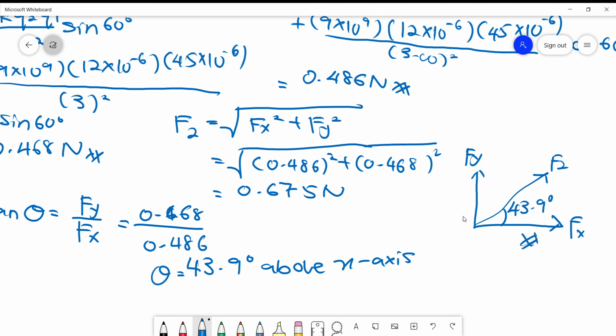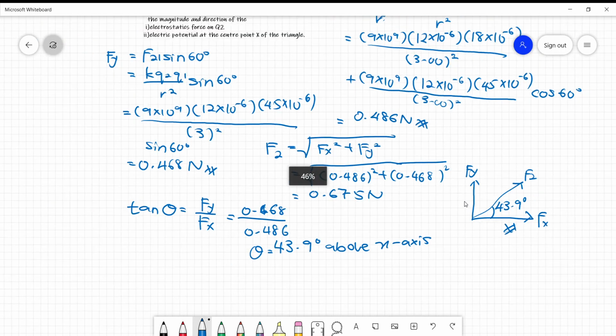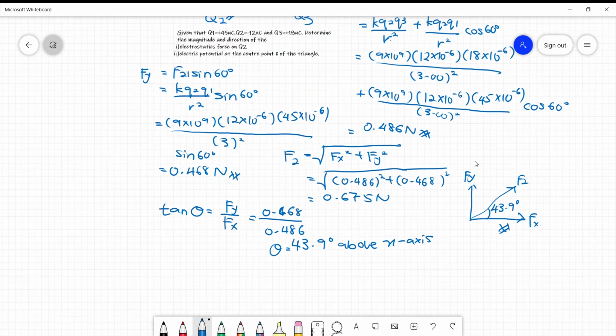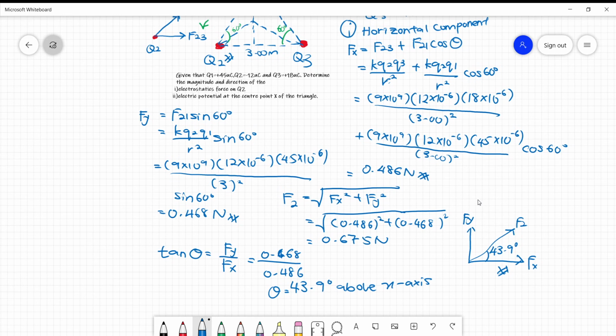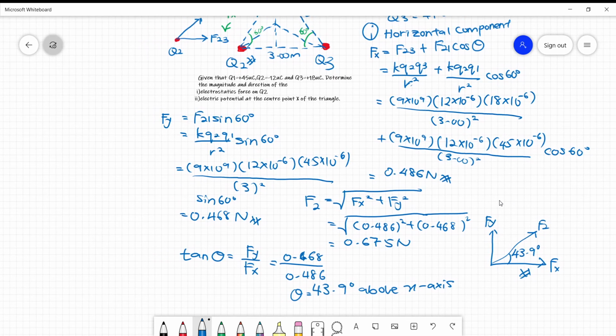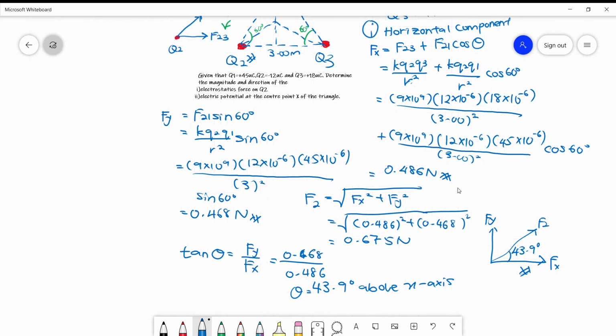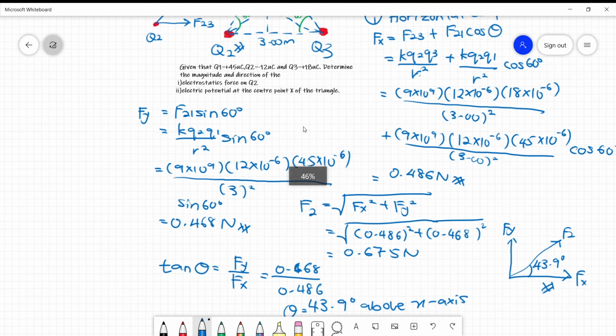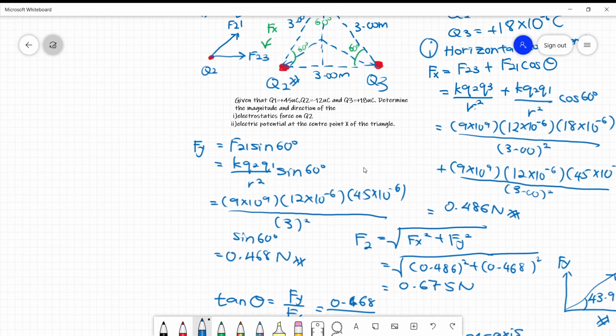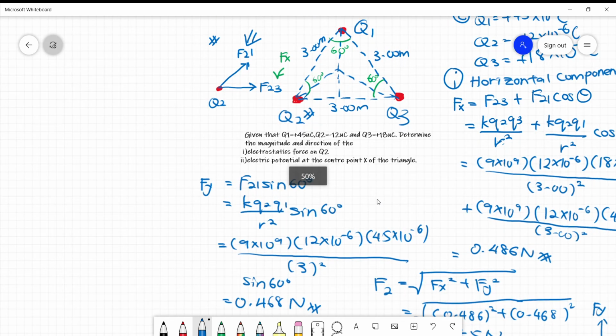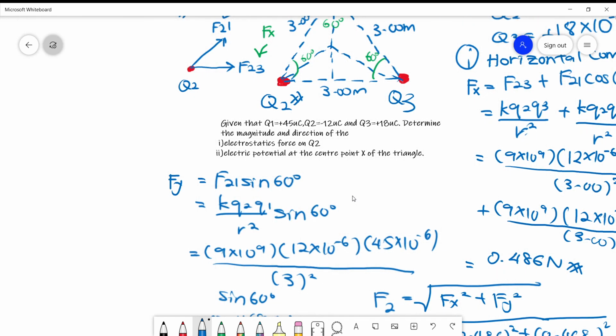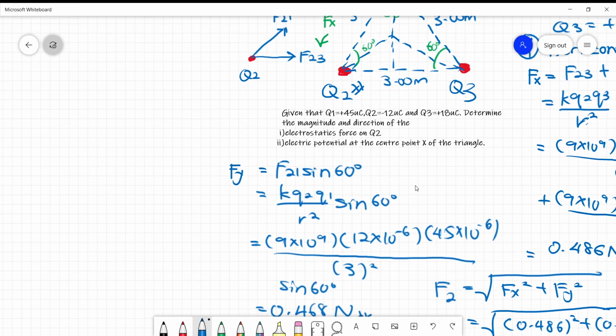So this is how we find out the electrostatic force which acting on Q2. So the solution is quite long. So if we are able to understand the concept step by step, we are able to find out the answers. Alright, so let's just move on to the final parts. Okay, so this is the final parts.